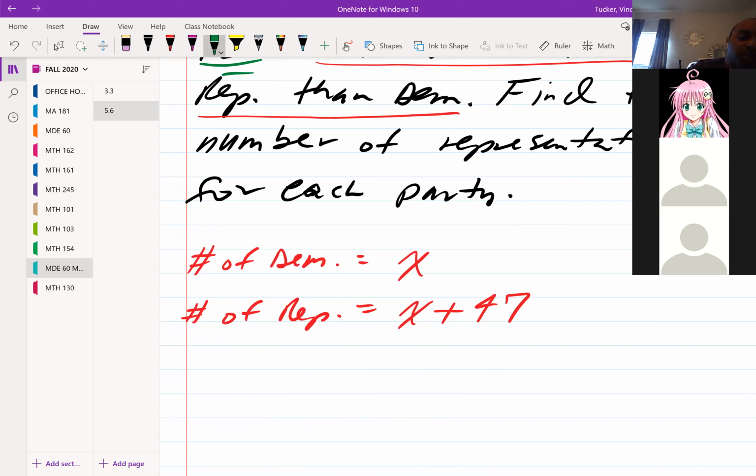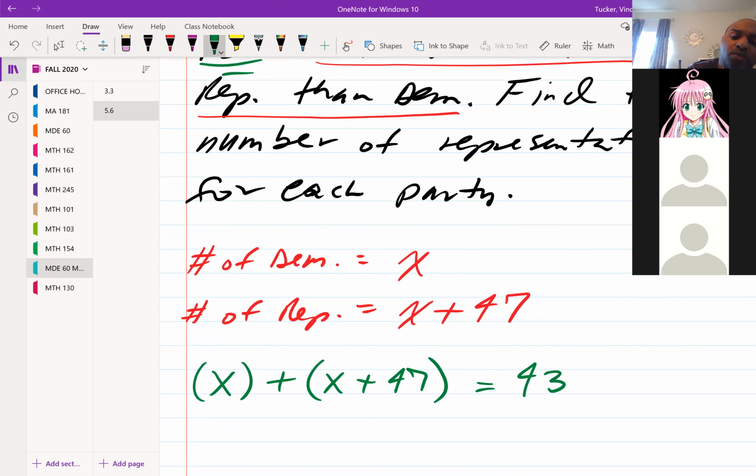So X, and I'm just putting parentheses here just to signify my pieces, plus X plus 47 is going to be equal to 435. Cool. So that's the setup. Parentheses aren't needed. Once again, I'm just using that to signify what was added together. All right, so before we solve, questions?